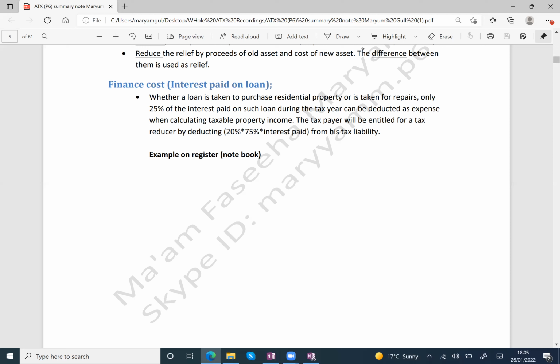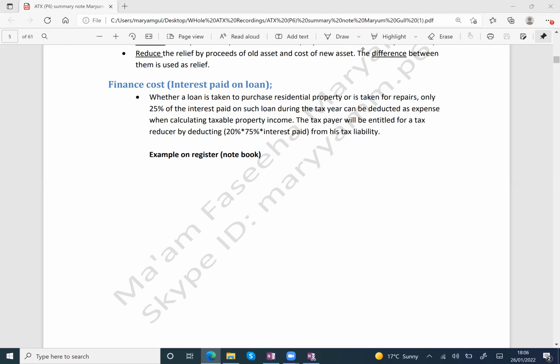You can deduct 100% of the interest, applying the basic rate on 100% of finance cost, as a tax relief. Tax relief means you can deduct it from your income tax liability. When you apply all the rates, the final answer is the income tax liability. From that liability you will deduct the basic rate on 100% of finance cost.